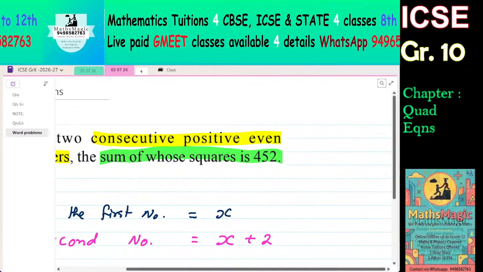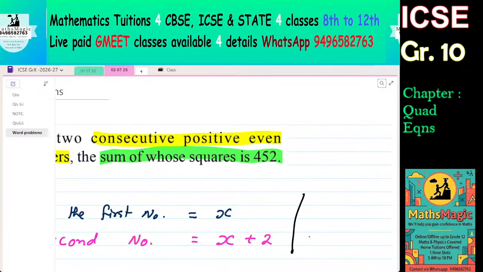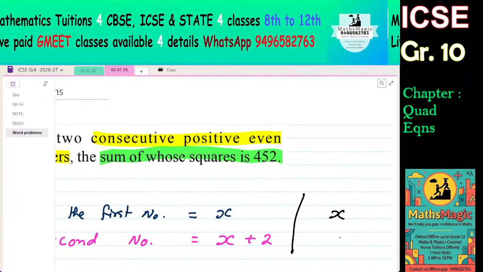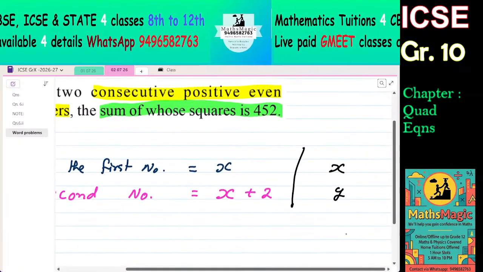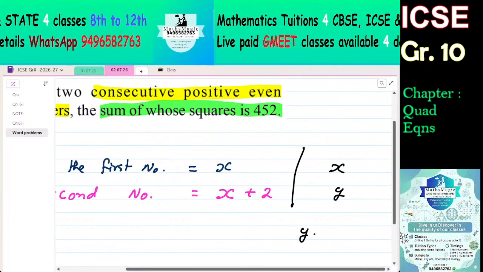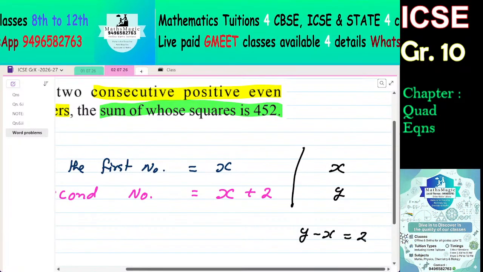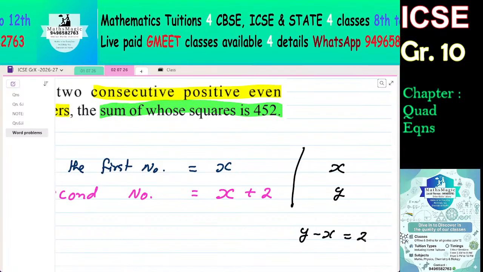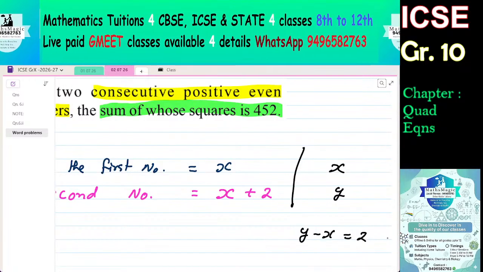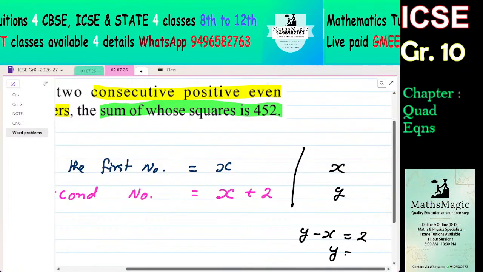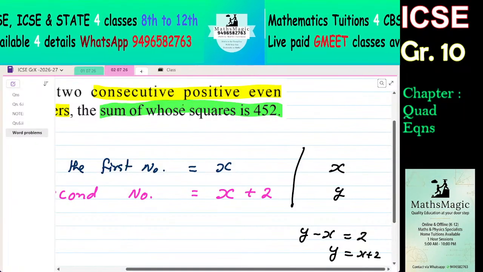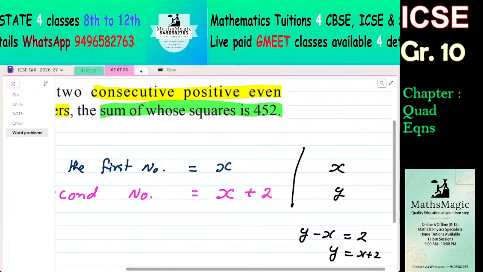And in the other method, if you use the first number as x and the second number as y, you will get a relation y minus x equals 2, because the difference between two consecutive numbers is 2. So you can use y as x plus 2 and substitute in the second condition.